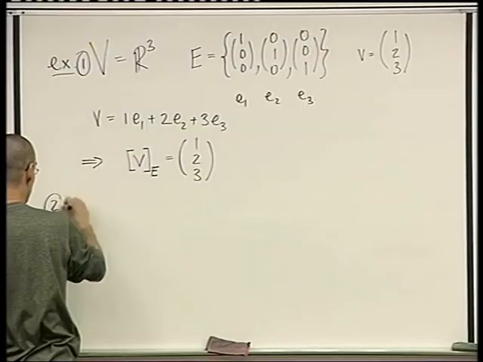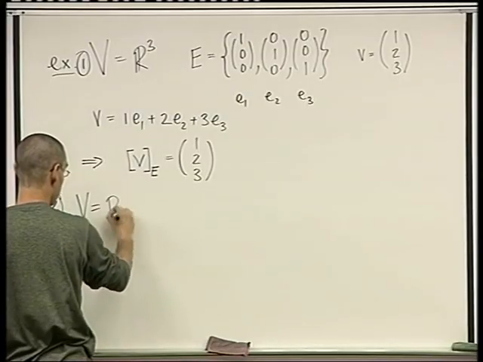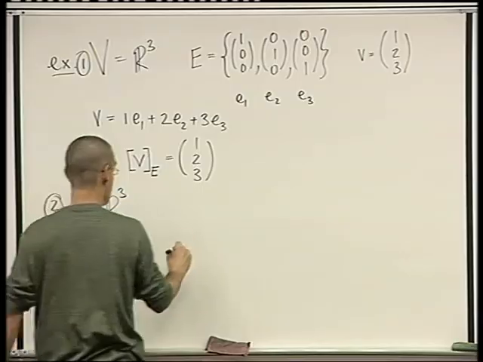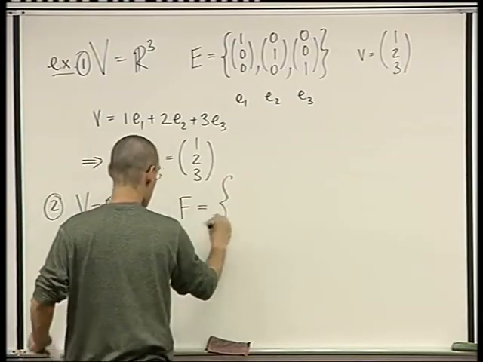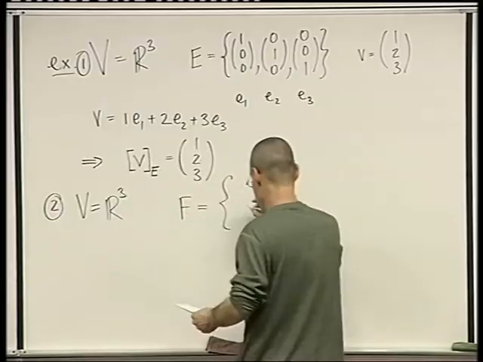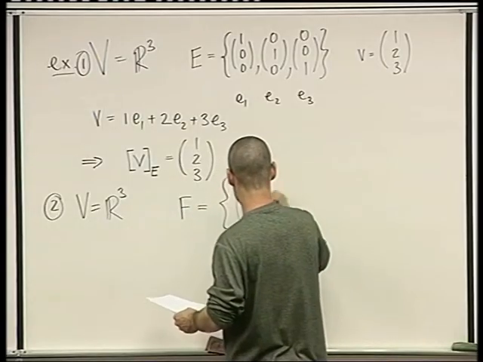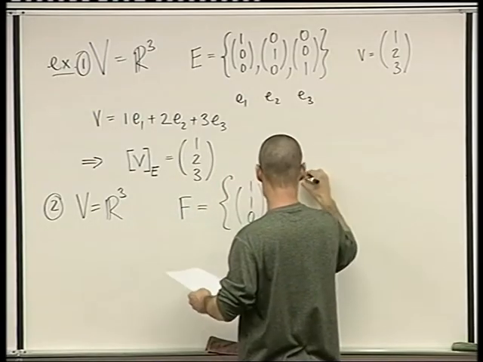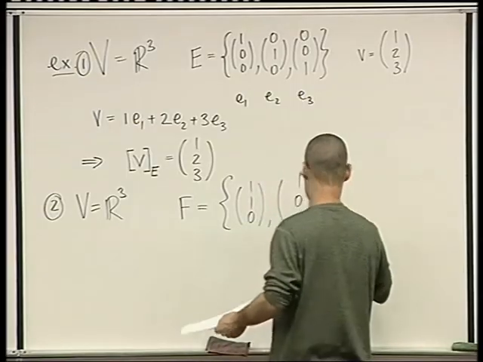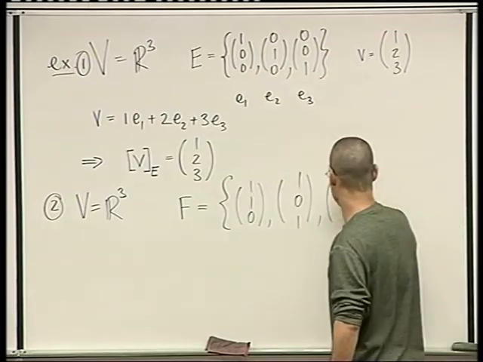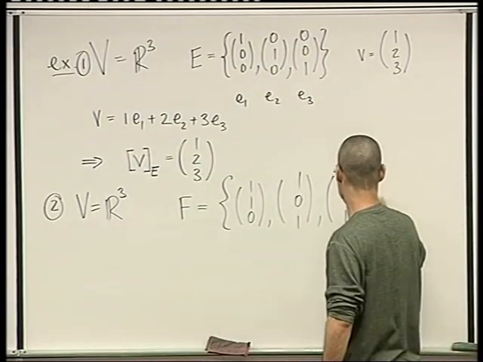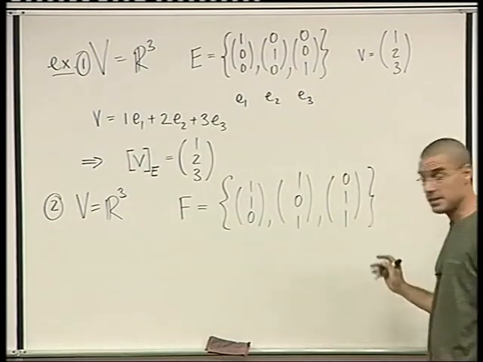Let's take example 2. V is still going to be R3, but now let's take a different basis. Let's call it F, and it's going to be the basis that we had before, exactly: (1, 1, 0), (1, 0, 1), (0, 1, 1). We discussed this three or four lessons ago, we had this basis for R3. And we showed that it's indeed a basis.